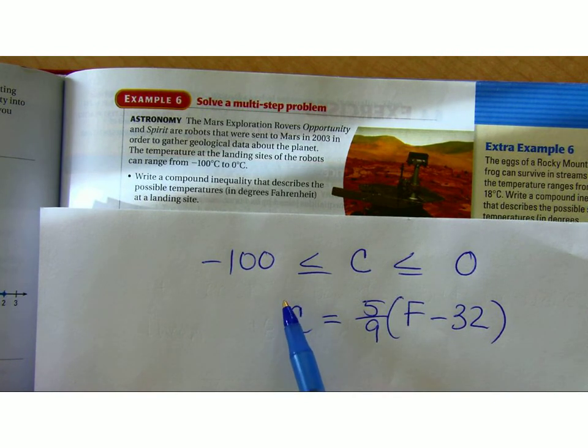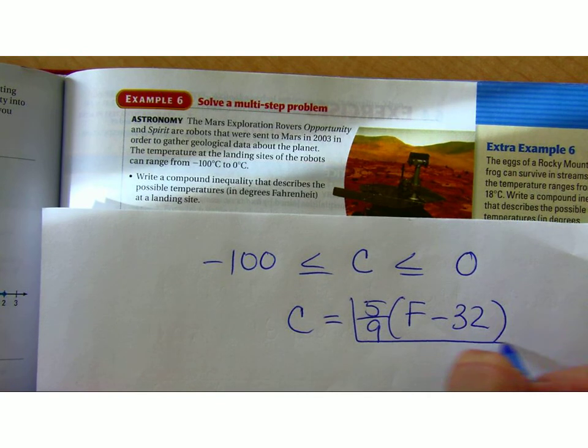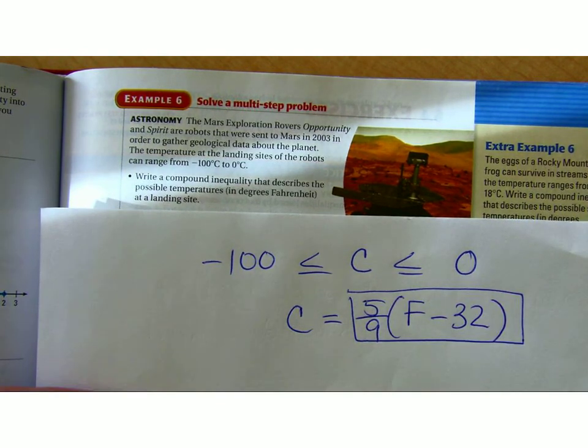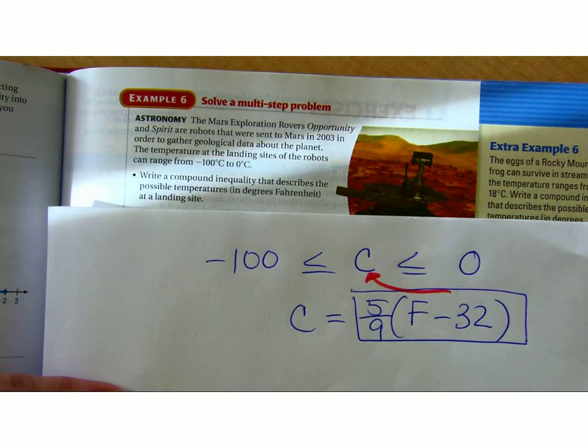I don't know the Fahrenheit temperatures yet, but if C is equal to this whole thing, what do you think I should do with that whole thing? Put it in for C. Watch what this is.